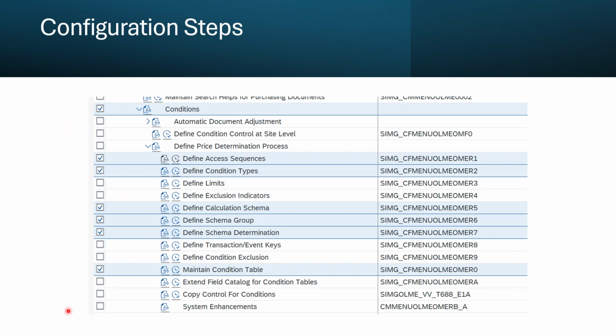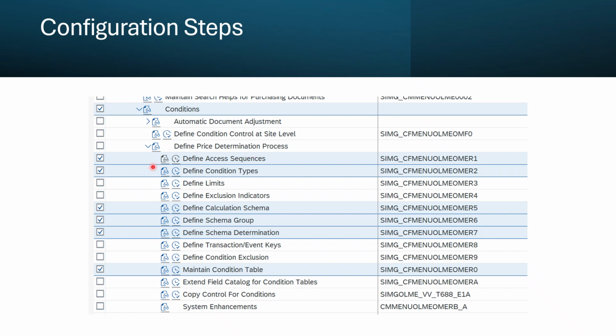So now let's come to the first and foremost, let us start with the configuration of the pricing procedure determination in SAP. For that you have to go to the SPRO implementation guide, and there you will find Material Management, under which you will have Purchasing, and if you drill down you will find Conditions, and under it one node called Define Price Determination Process.